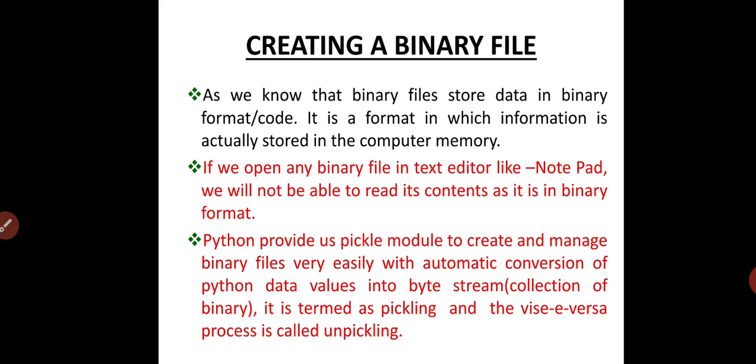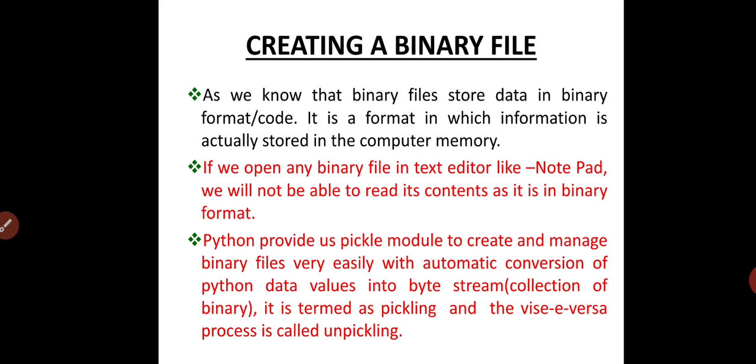Python provides us the pickle module to create and manage binary files very easily, with automatic conversion of Python data values into a byte stream. A byte stream is a collection of binary, since a byte is made up of binary digits. This conversion is called pickling, and vice versa is called unpickling.